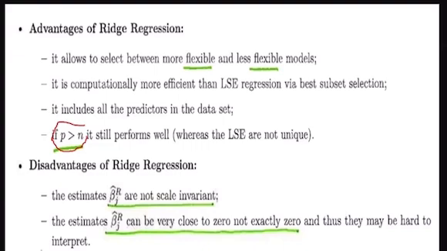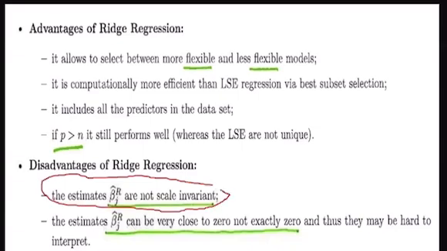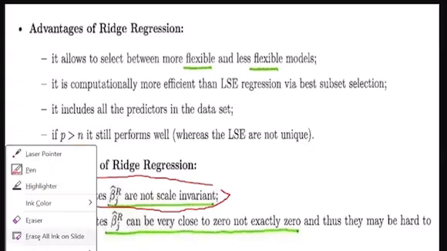But what are the disadvantages? I showed them the other time. Standardization needs to be done before using ridge because the estimates are not scale invariant. Also, the estimates can be very close to zero, but not exactly zero, and thus may be hard to interpret because you still have a lot of variables in your model.